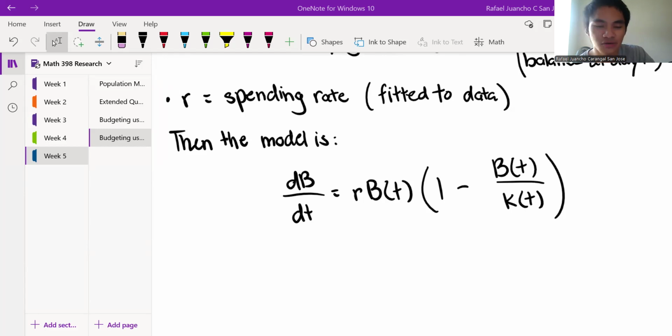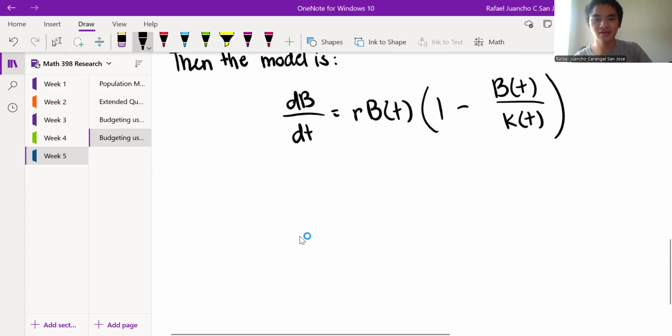Oh, it isn't. Okay, cool. So it's not negative. Okay, that's nice. So here's what I'm going to do. I have that, and that's my model, right?